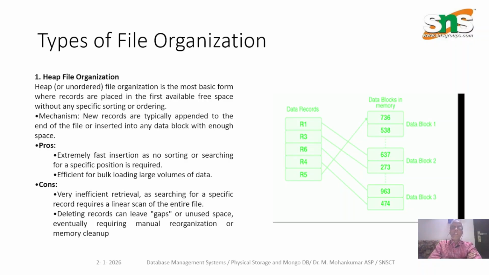If we don't know the keyword or the file name it was downloaded under, we have to search from the beginning to the end. Deleting records can leave gaps. Suppose we delete a particular record, it will create an empty or unused space there, eventually requiring manual reorganization or memory cleanup, which is very difficult to do.